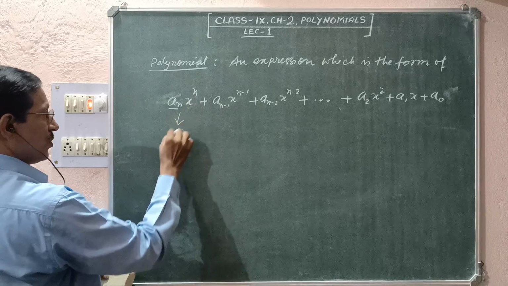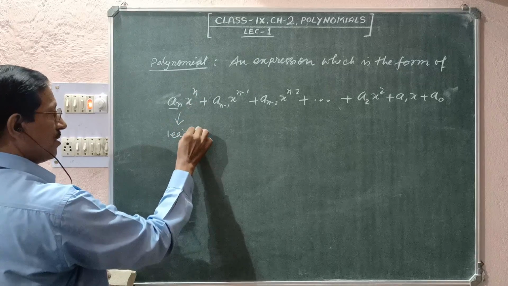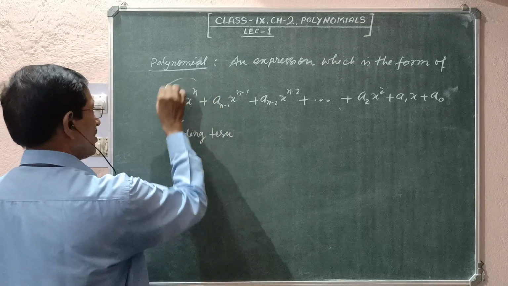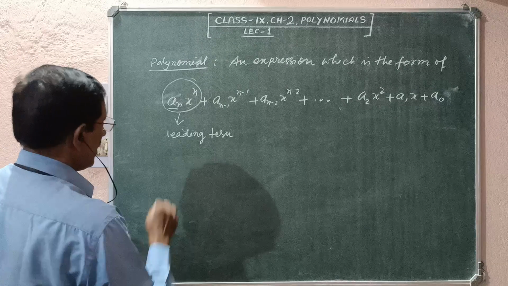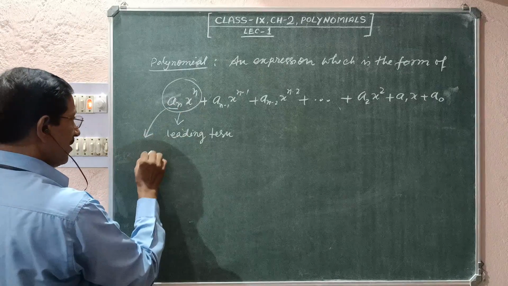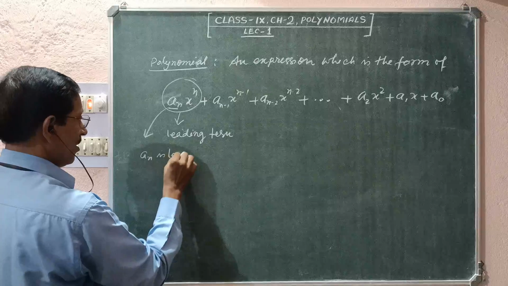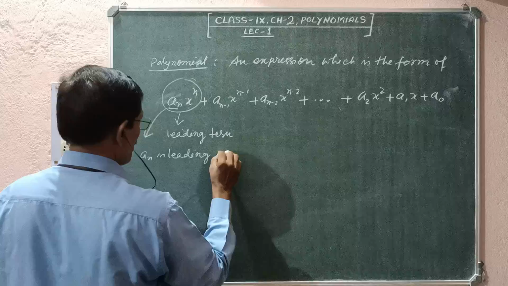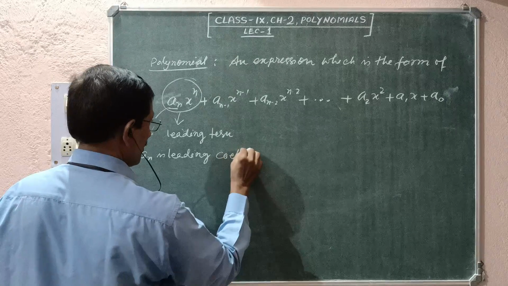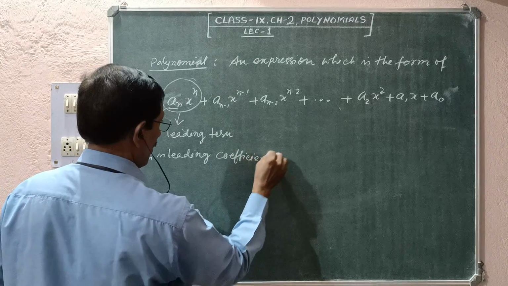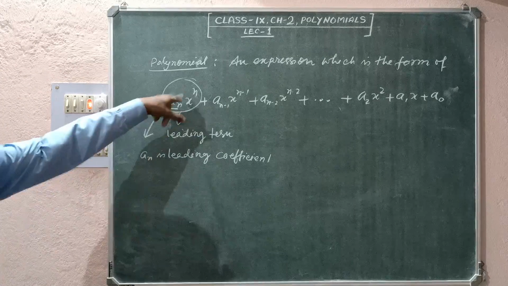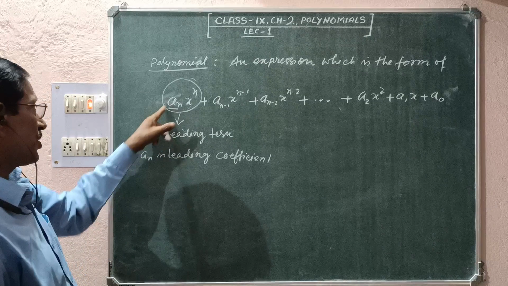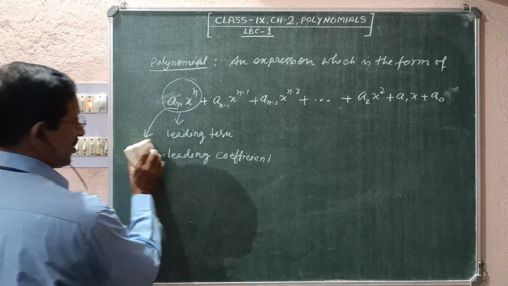So this is also known as the leading term, and its coefficient a n is the leading coefficient. The term with the maximum power of the variable is known as the leading term, and its coefficient is known as the leading coefficient.